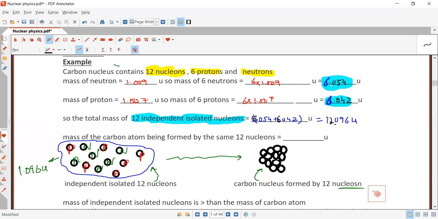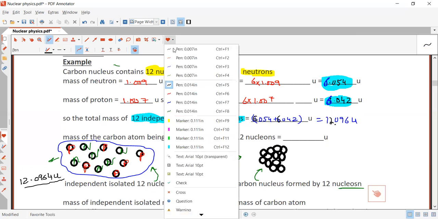So I'm going to write here 12.0964 U, the mass of the 12 nucleons.